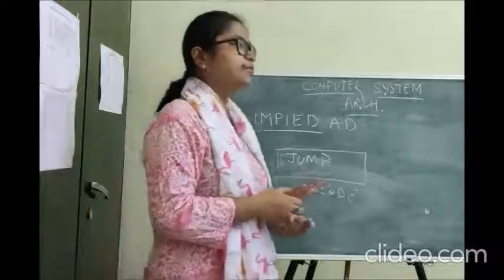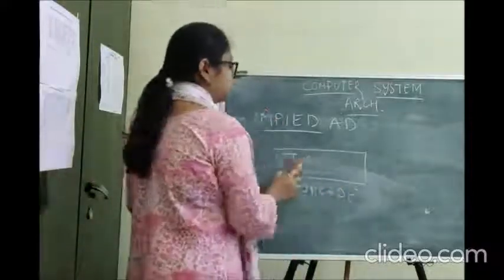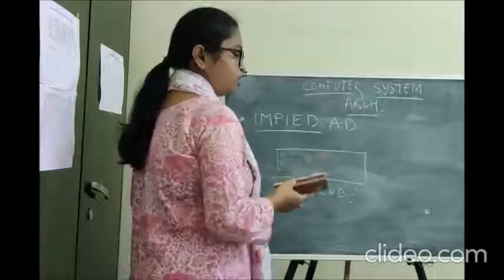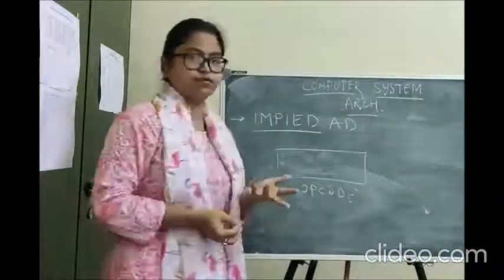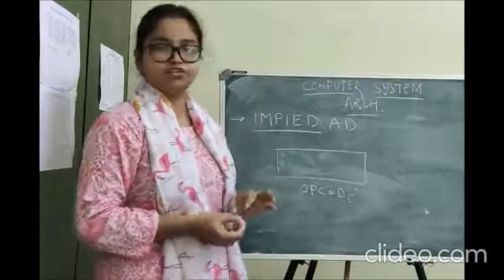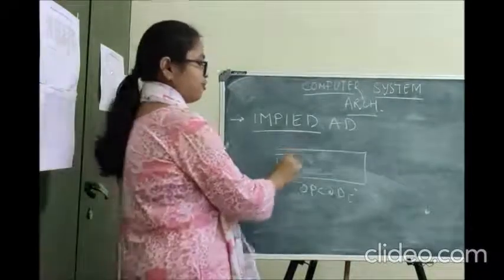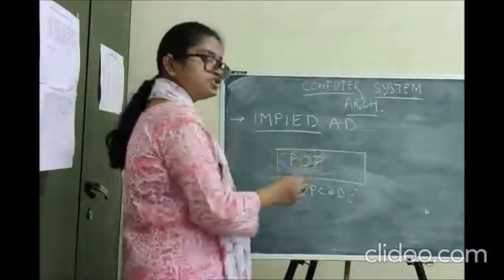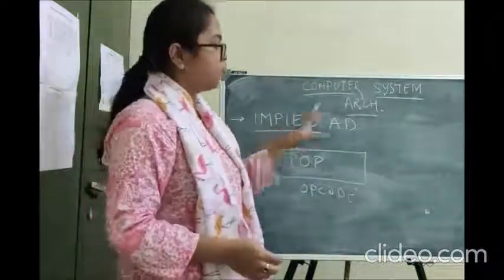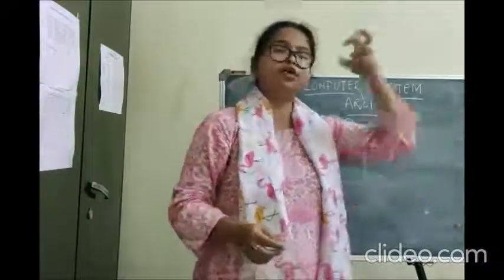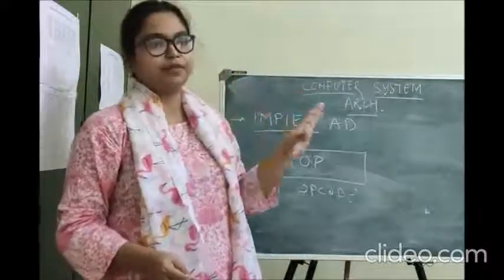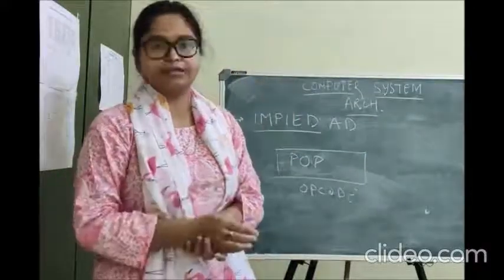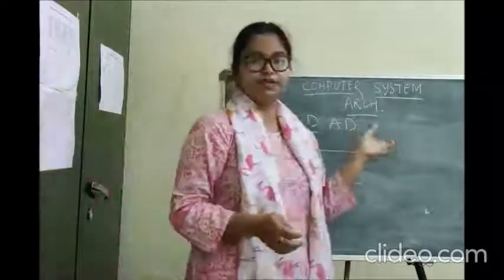Okay, same is the case with, suppose, pop. You will study later in data structures. I will teach you what a stack is and what its operations are. In stack we have the pop operation. Pop operation always removes a particular type of element from the stack. Stack is a type of data structure, like we have arrays, we have strings.